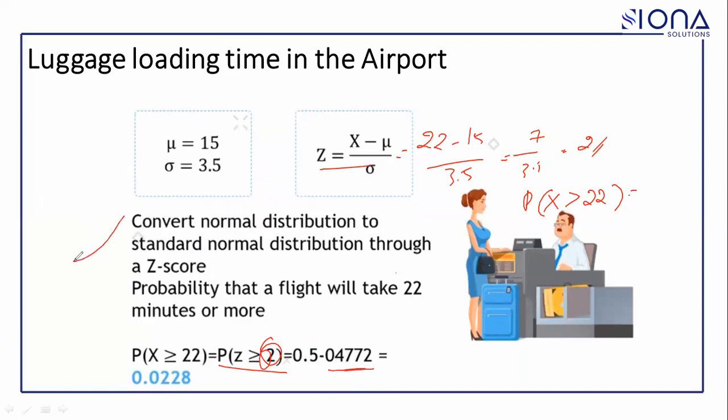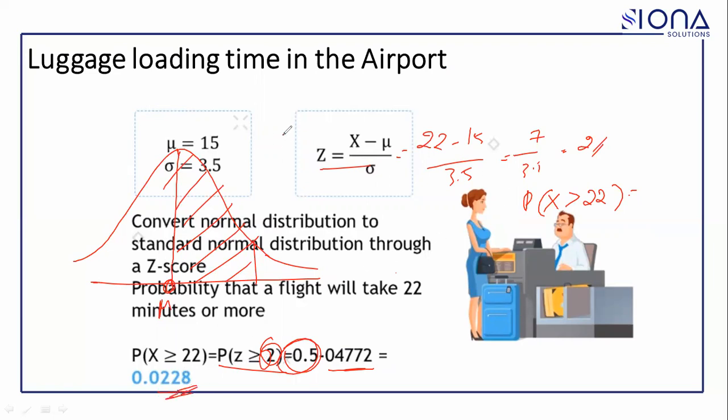But the Z value will give the answer of this region. It always gives you the answer from your central value. So what you have to do is, you know that the area under half of this curve is 0.5. So you subtract the Z value, and you get the answer.